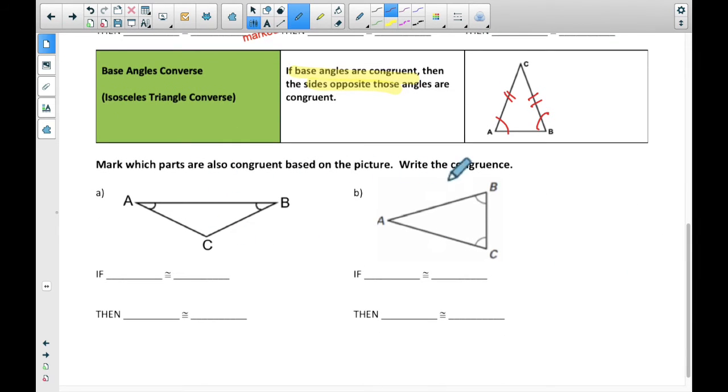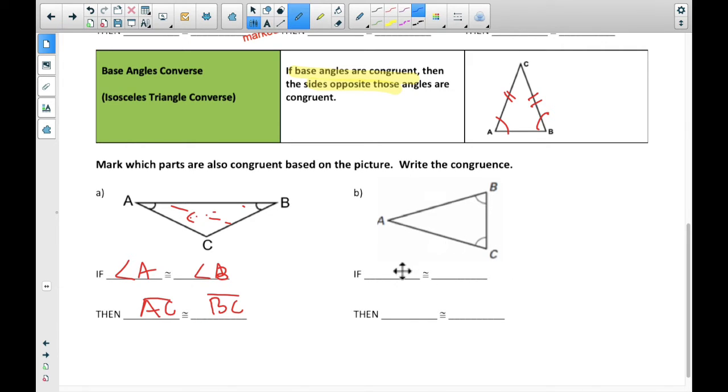So mark which parts are also congruent. The if is the marked things. If is angle A and angle B. Those are marked. If they are congruent, then we look across to where they're pointing. They're pointing to side AC, and this one's pointing over here to side BC. Same thing here. We're going to look to see what's marked.